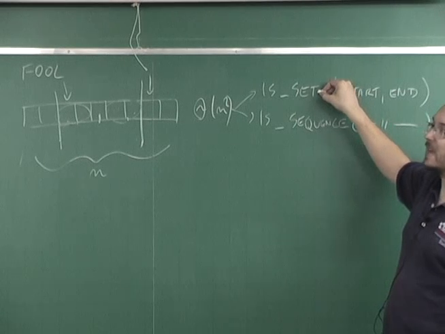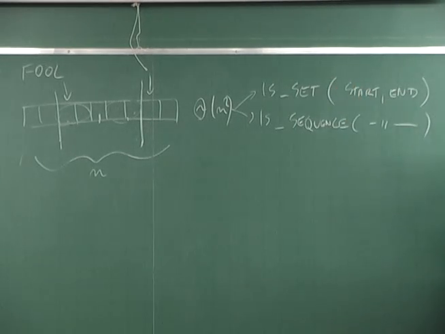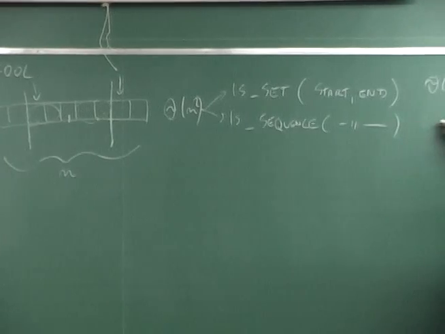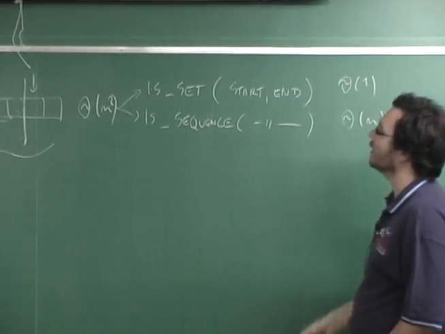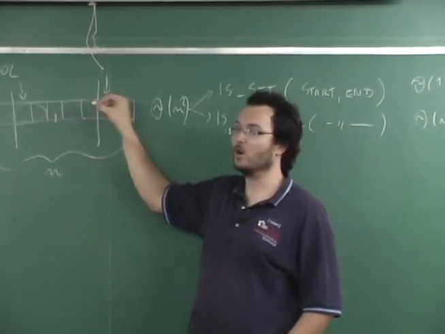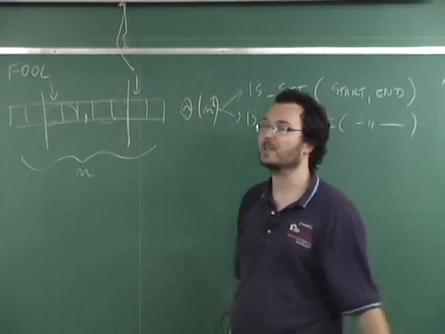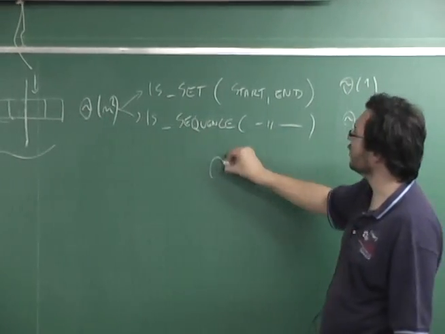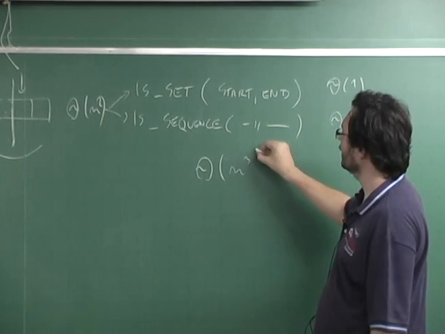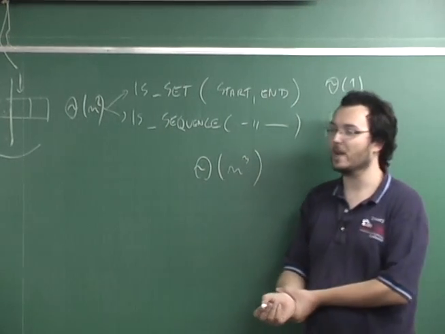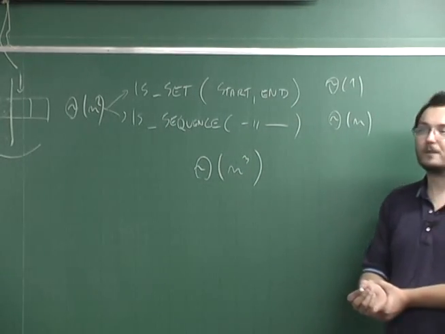Each call to isSet is evaluated in constant time, and each call to isSequence is evaluated in linear time because we have to try all the commas as the splitting point. So the overall time complexity of this approach is n cubed, and this is for n equal to 200 fast enough.